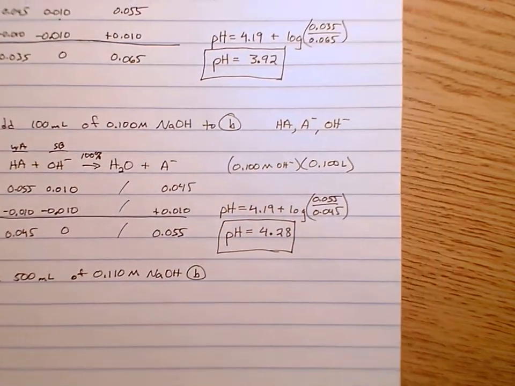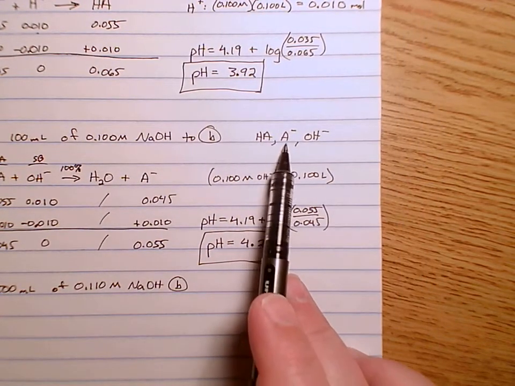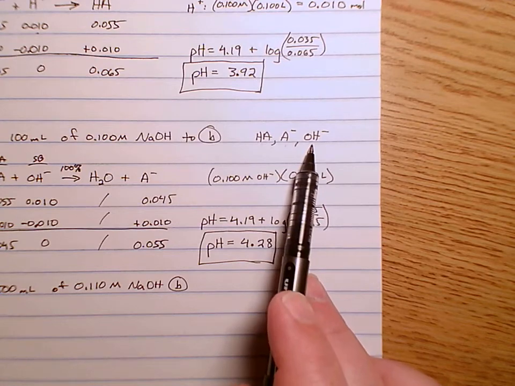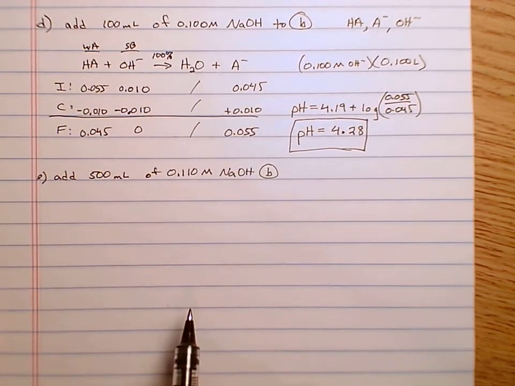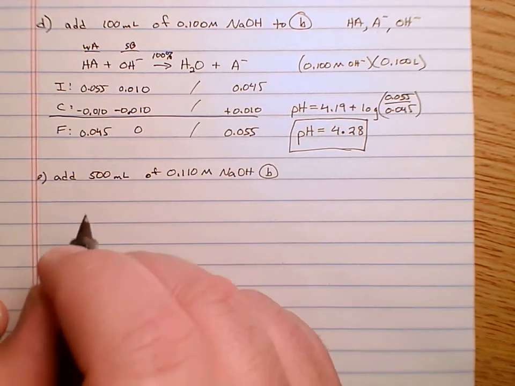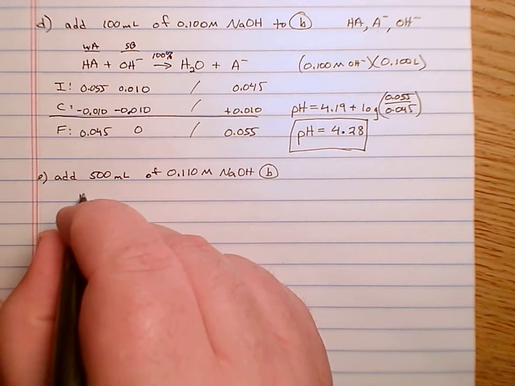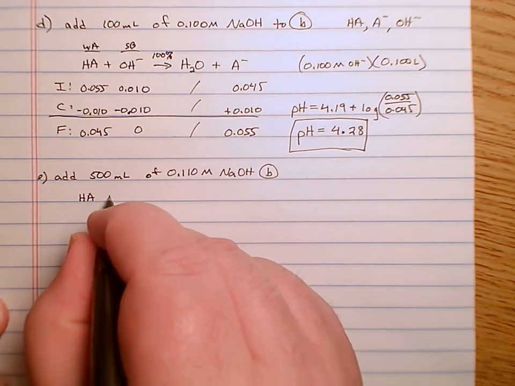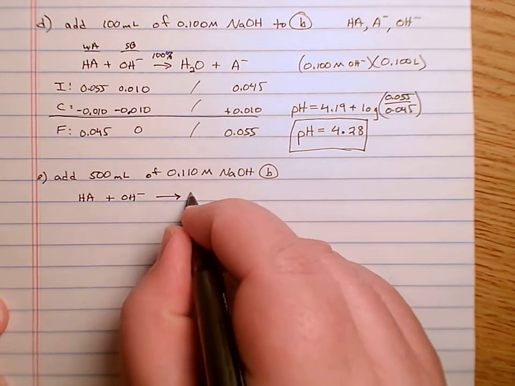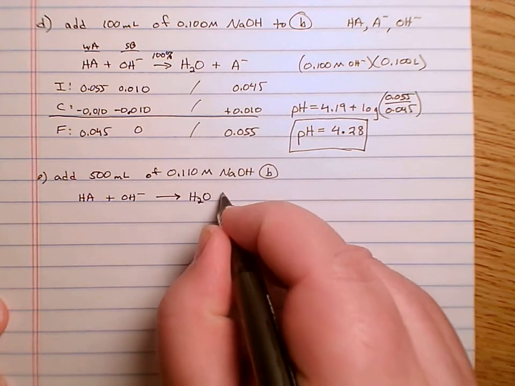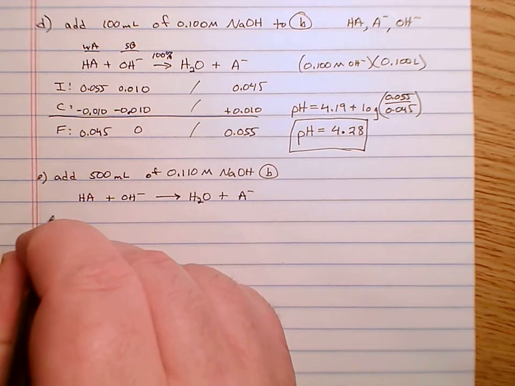Okay, so we're adding sodium hydroxide again, so we know it's going to be HA, A minus, and OH minus. We know the OH minus is going to react with the HA. So far we're looking pretty good. We know that our reaction is going to be the HA plus the OH minus reacting 100% to water and A minus.